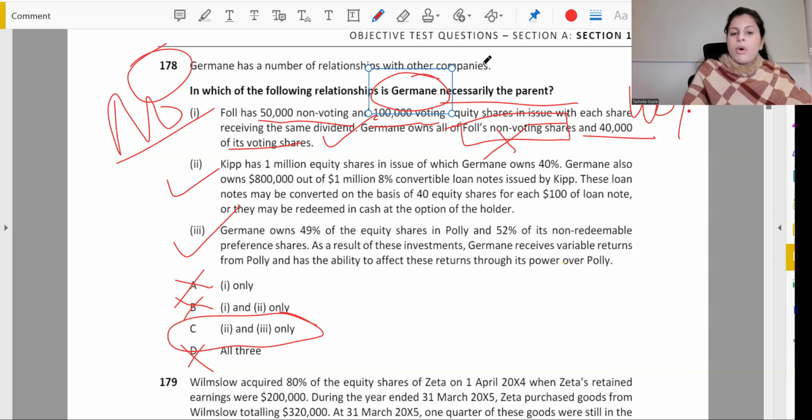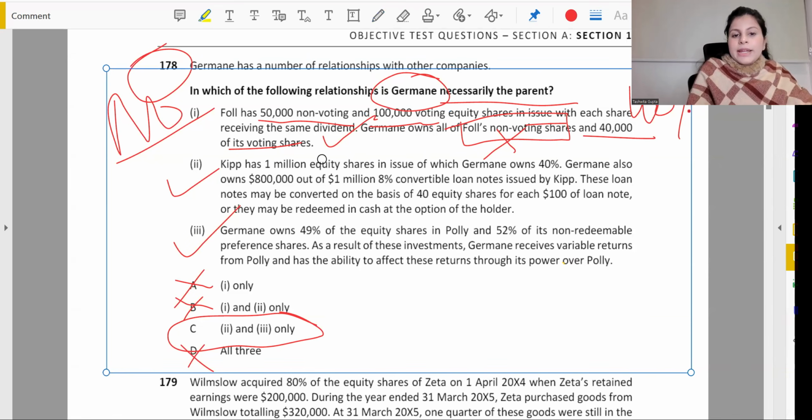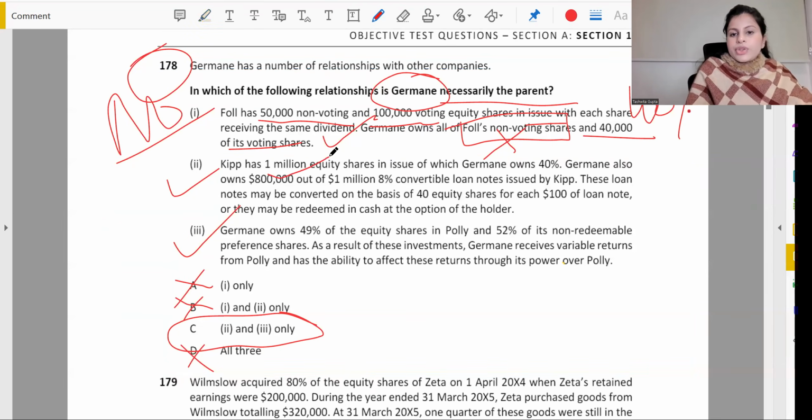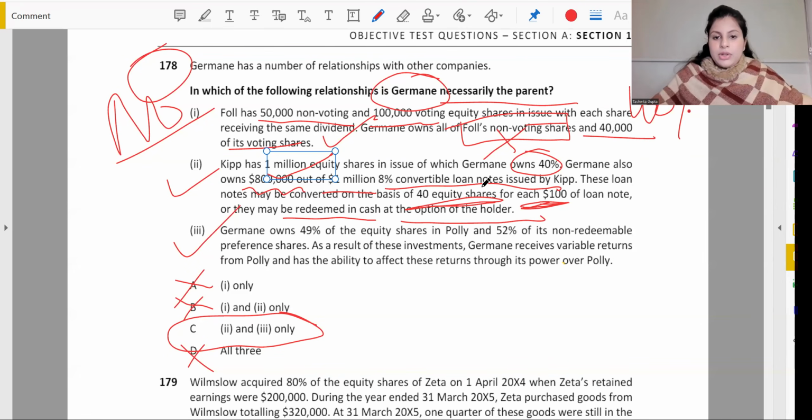But if you go through them all, what is given to you? KIP has 1 million equity shares in issue. So there are 1 million shares and Germain owns 40%. Germain also owns 8 lakh out of 4 million 8% convertible loan notes. These loan notes may be converted, for each $100 loan, we will get 40 shares, or they may be redeemed in cash.